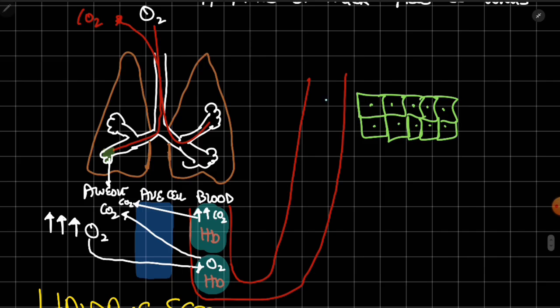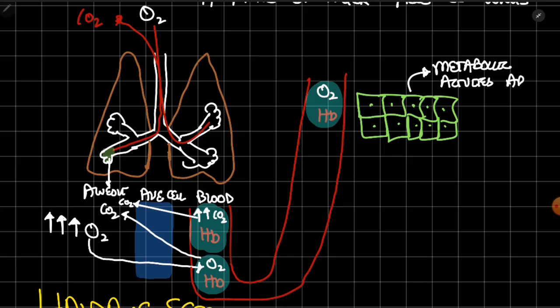Now tell me one thing, this capillary contains hemoglobin molecules, and these hemoglobin molecules contain O2, bound with Hb. Now these cells are very active cells, they cause metabolism, metabolic activities are done.